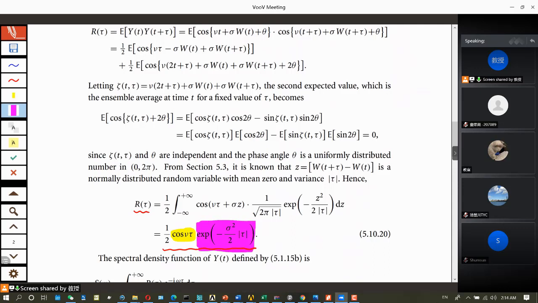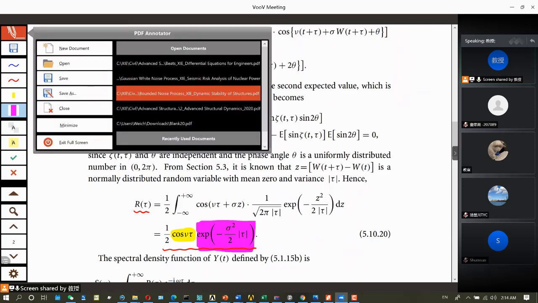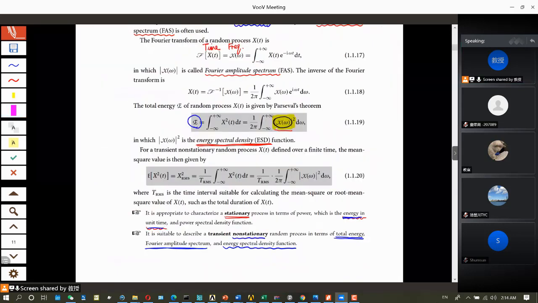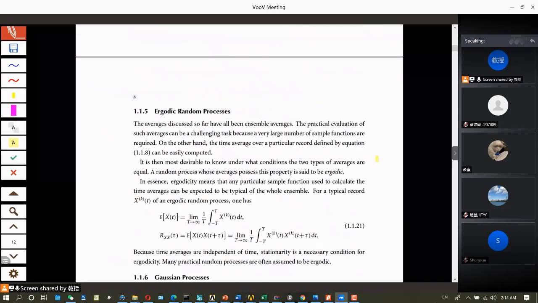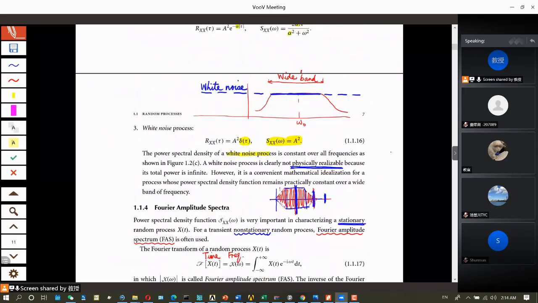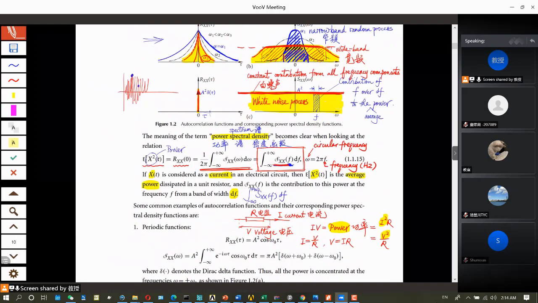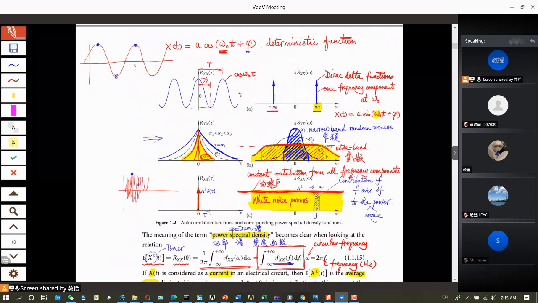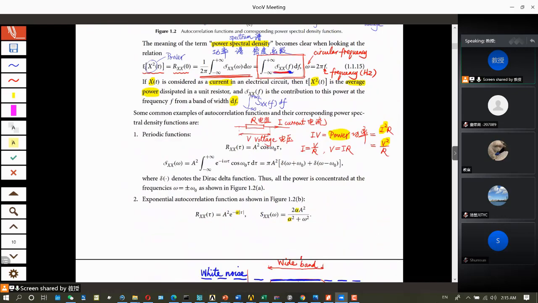Okay, this term is an exponential correlation function, and that's what we studied here. The correlation function is an exponential function.